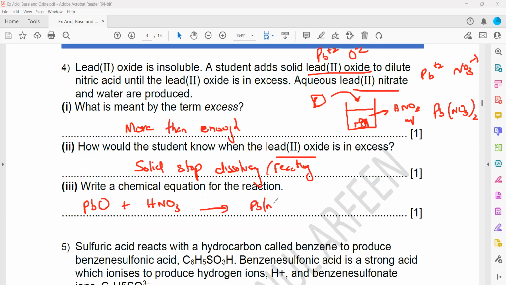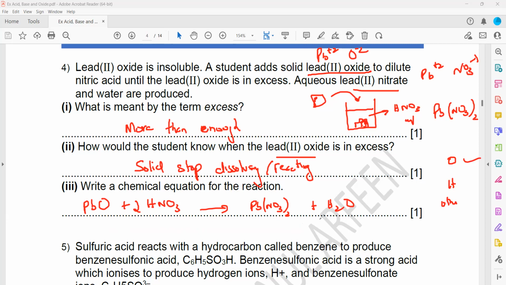So lead(II) nitrate, Pb(NO3)2, plus water, H2O, will be there. The equation must be balanced whenever you write it. Start balancing with oxygen followed by hydrogen and then other elements. So 3 multiplied by 2 is 6 and 7. Here we have 1 and 3, 4. If I put 2, then 3 multiplied by 2 is 6, plus 1 is 7.